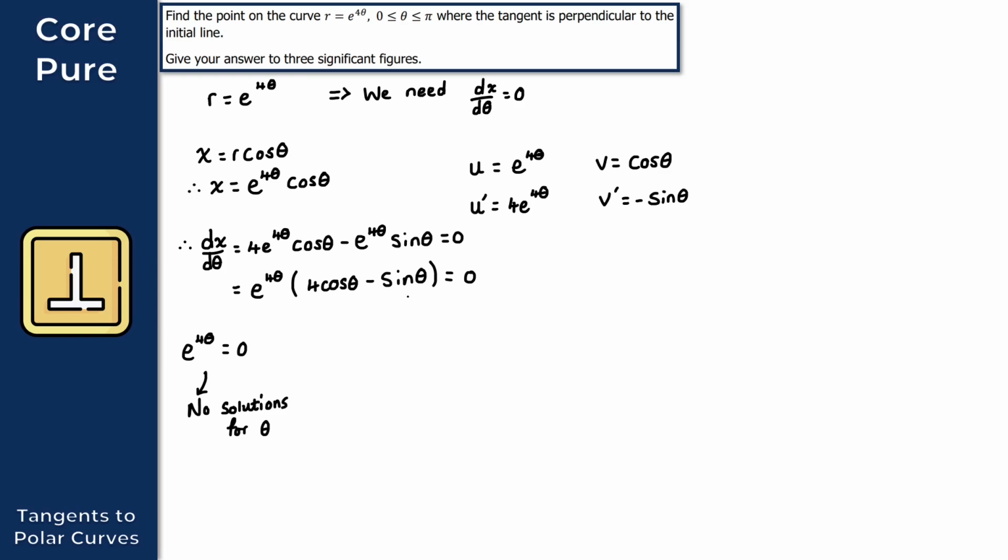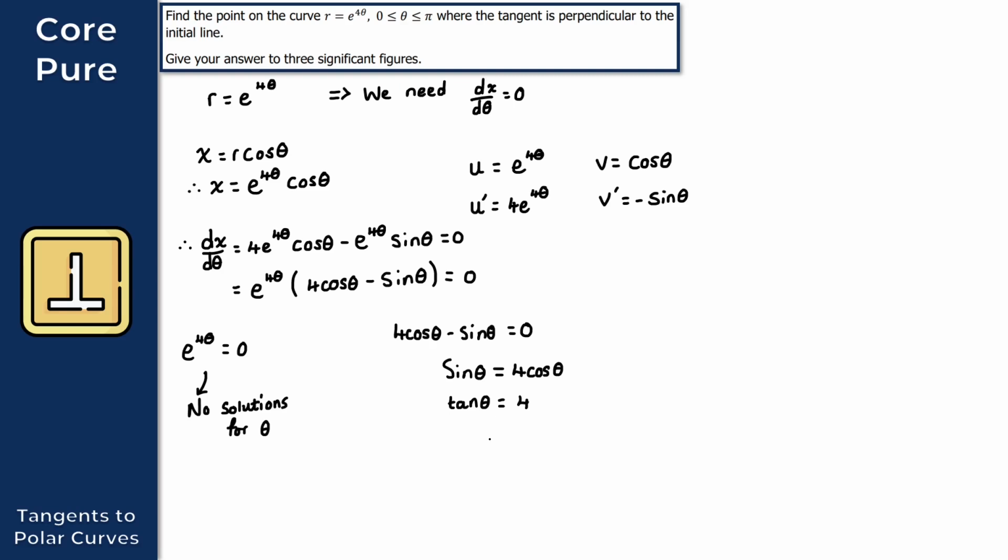However, for this equation, we had 4 cos theta minus sine theta equal to 0. What I can do here is add sine theta to both sides, so we get sine theta is equal to 4 cos theta. Then if we divide both sides by cos theta, we get tan theta is equal to 4.